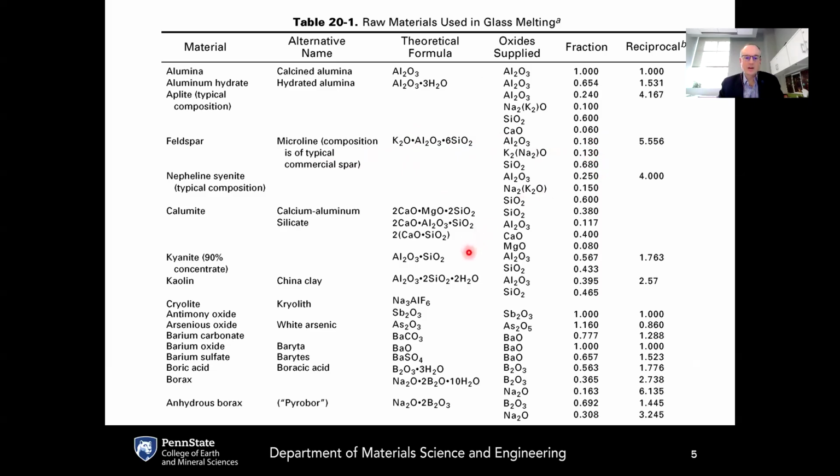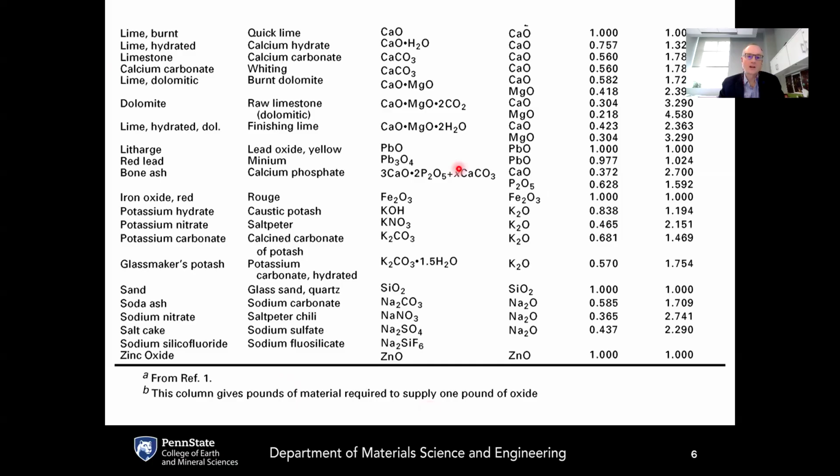If we keep going down here, we see boron oxide can be batched as boric acid, which is a hydrated B2O3 with its batch factor. If you want to batch both sodium and boric oxide into your glass, you can batch that as borax, which is this compound here of Na2O and 2B2O3. So this is probably the least expensive way to batch B2O3 into your glass, as long as you also want to include sodium oxide.